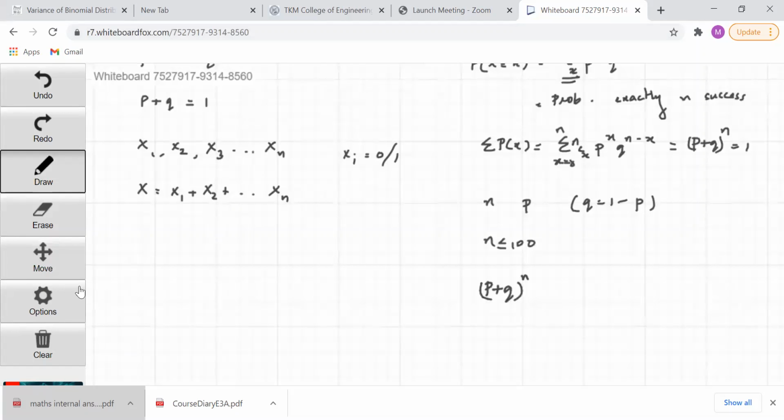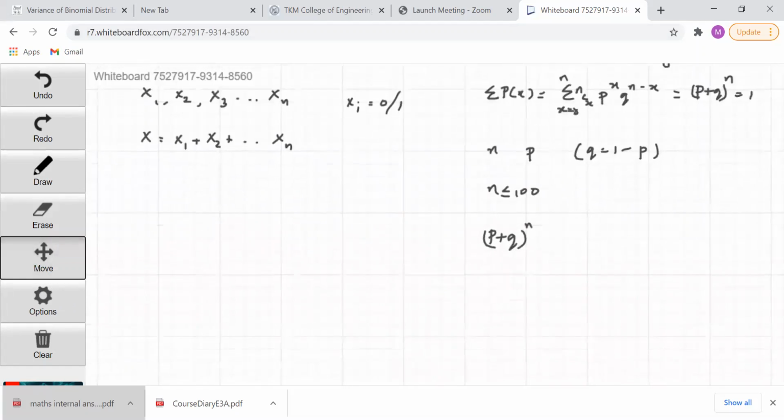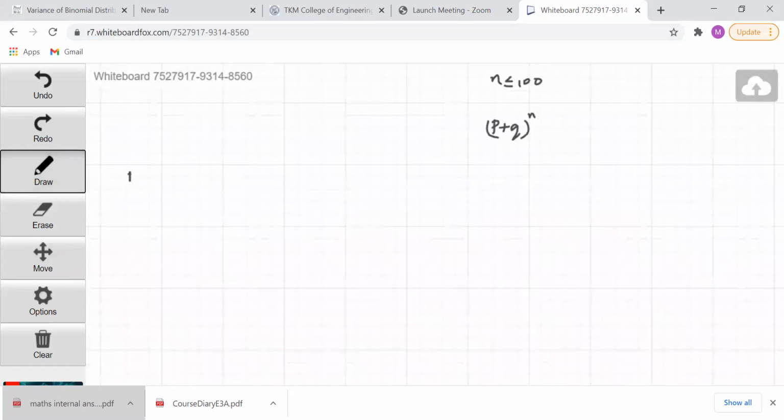Now, moving to find the mean of the distribution. Mean is denoted by expectation of x.